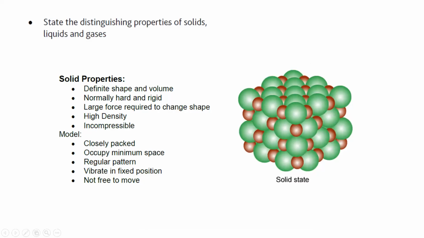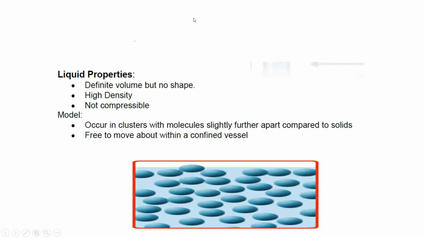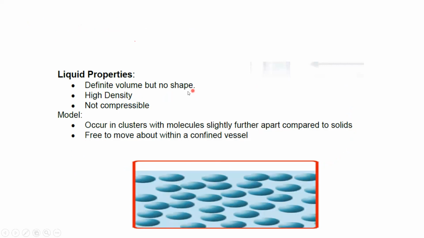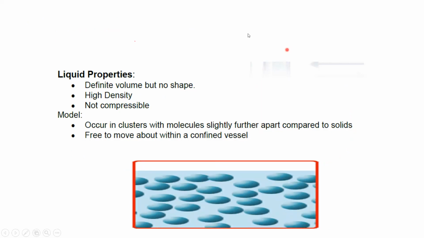Then moving on to the next part, because the objective is that we should be able to distinguish the properties of solid, liquid, and gas. So the second one, the properties of the liquid. They have a definite volume, but they don't have a definite shape. So basically they take the shape of the container.